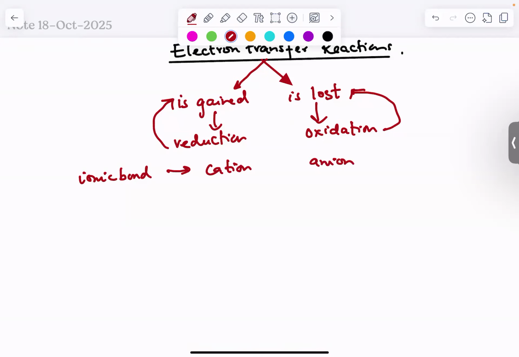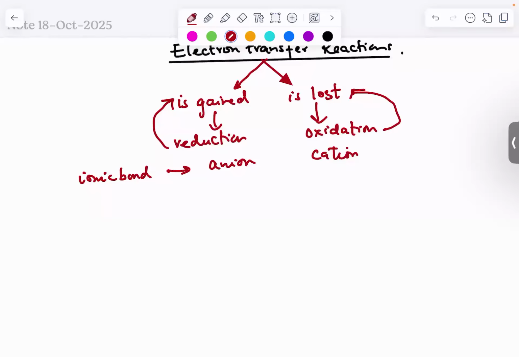When the electron is gained and lost in an ionic bond, an anion is formed and a cation is formed. This happens in the very basic bond called an ionic bond.